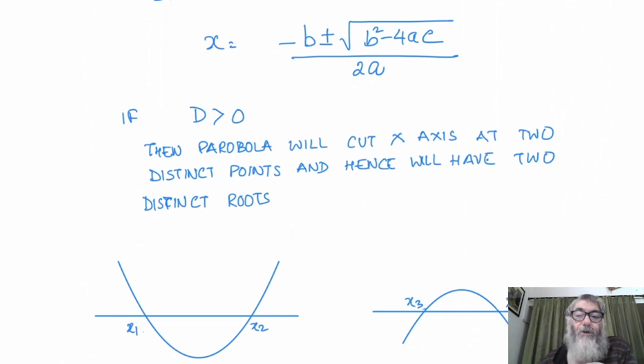I don't know what the equation of this graph is, but it is y is equal to ax square plus bx plus c, where a is positive.